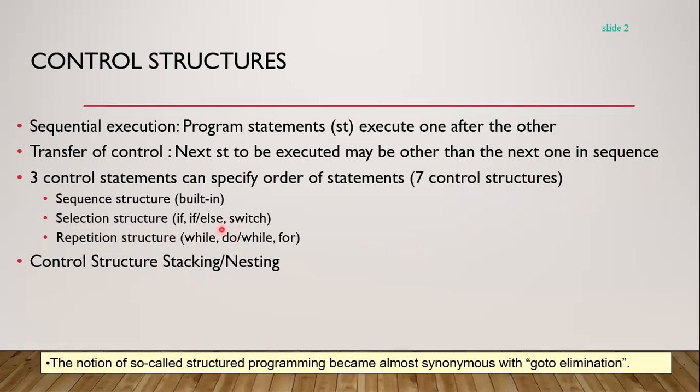Whereas in the selection structure, the control is transferred based on certain condition. If the condition is fulfilled, the control is transferred. If not, the control is not transferred. In this category, we have three sorts of constructs: if construct, if else construct, and switch construct. And then the repetition structure, in which we have while, do while, and for constructs.